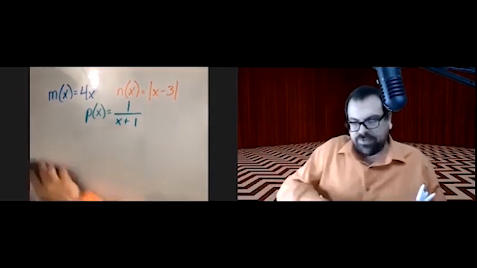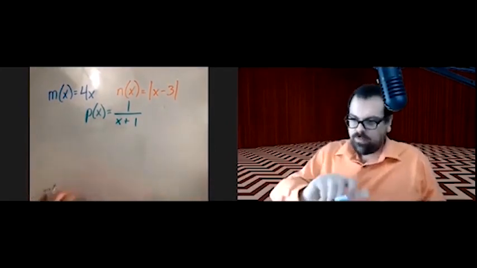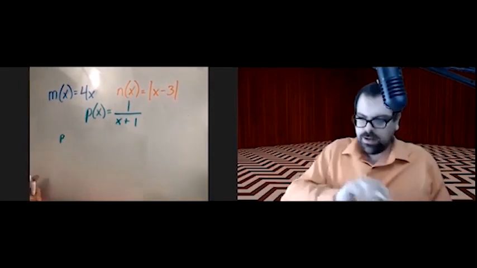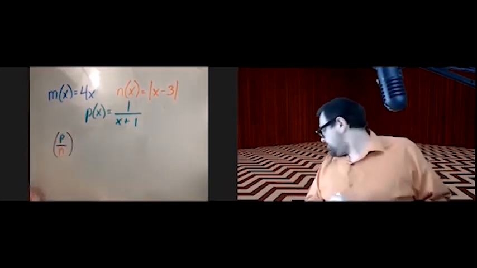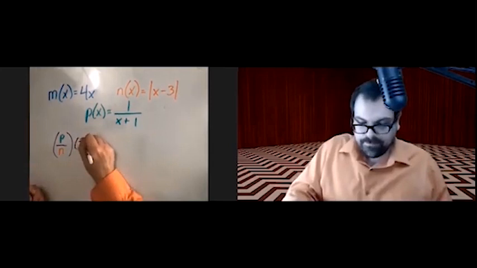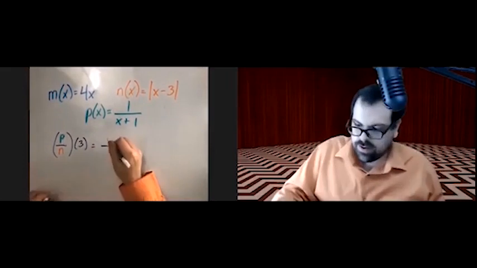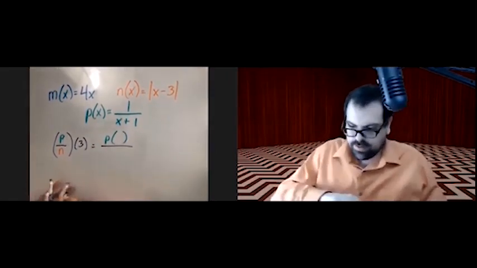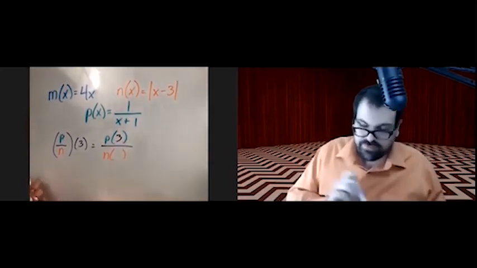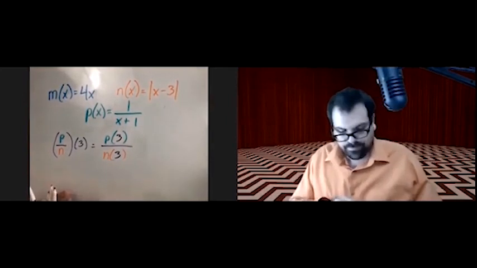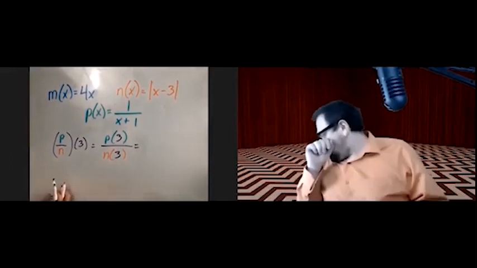Next up, using these three functions, I want to do p over n of 3. That would be p of 3 over n of 3. Well, what's p of 3?